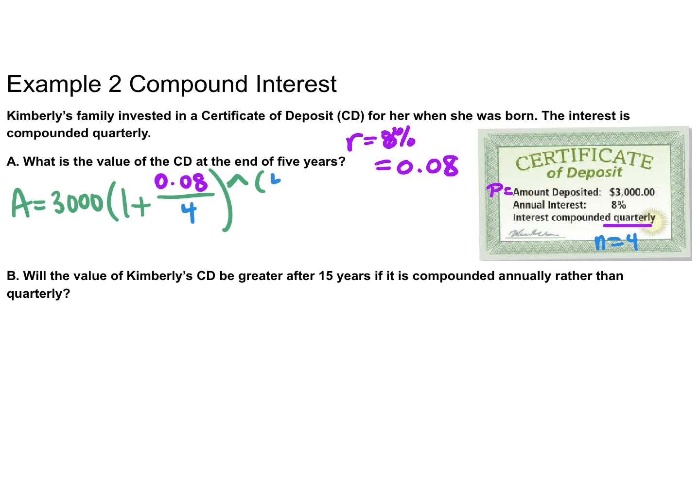So the n value was 4, and then t, we didn't say it yet, but t is equal to 5 years. And close your parentheses.